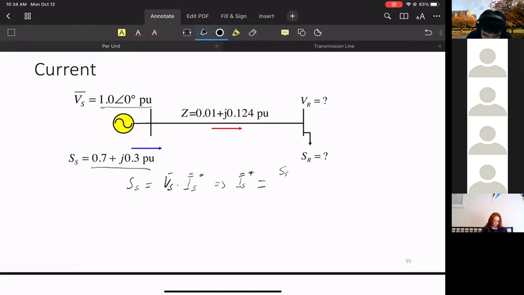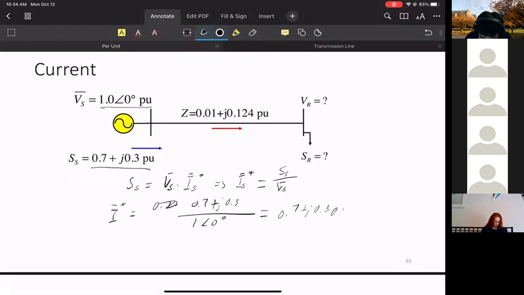So the conjugate of the current is 0.7 plus j0.3 divided by 1 angle 0. This is a very easy division to do: 0.7 plus j0.3 per unit for the current conjugate. In polar form, we write the current as 0.76 angle minus 23.2 degrees per unit.